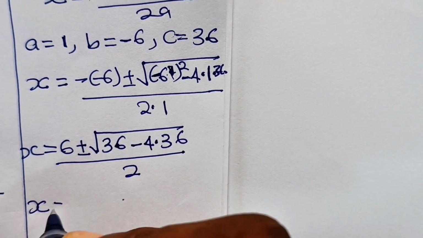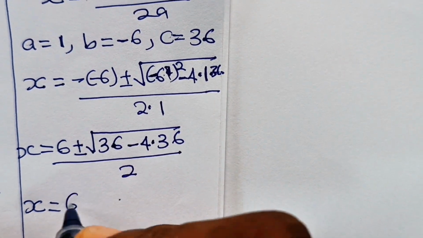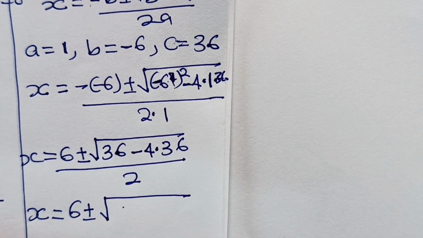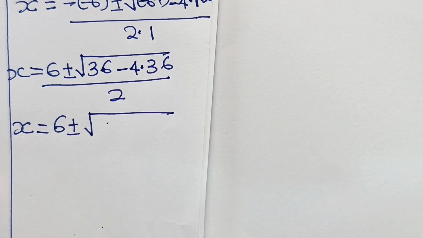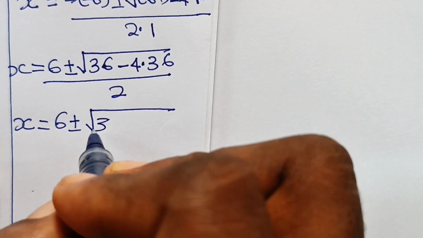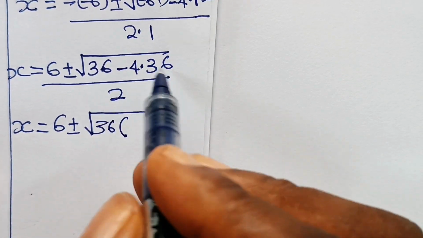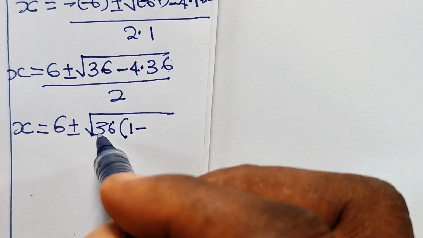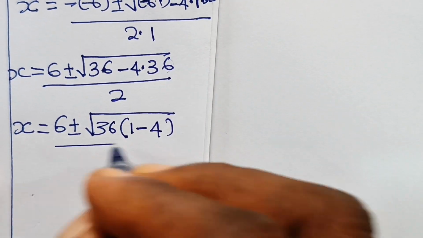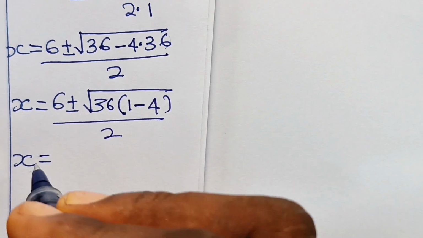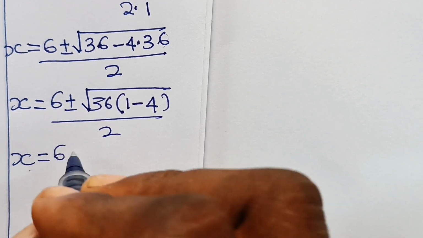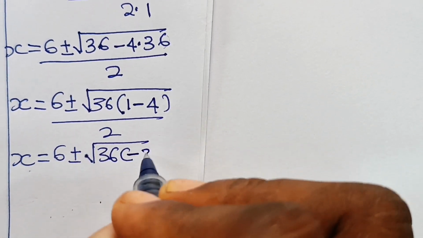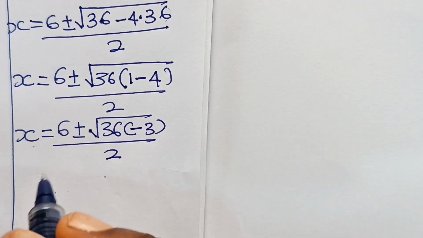So we have x is equal to 6 plus or minus square root of, now they have 36 in common. 36 in brackets, because that is what they have in common. 36 divided by itself, we have 1 minus this divided by 36, 4 will remain. Divided by 2. So x is equal to 6 plus or minus square root of 36 multiplied by minus 3, everything divided by 2.